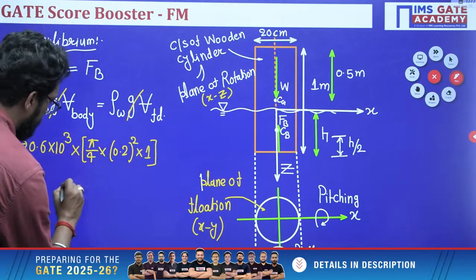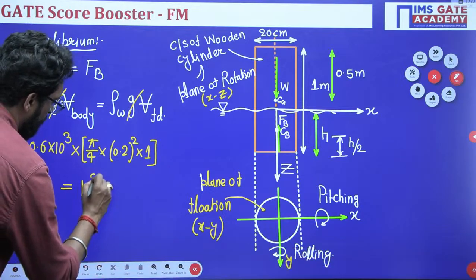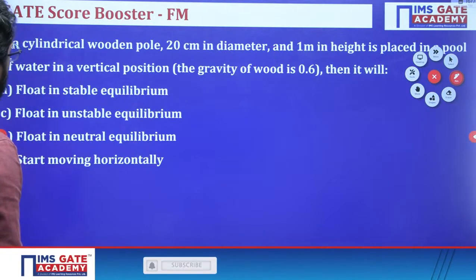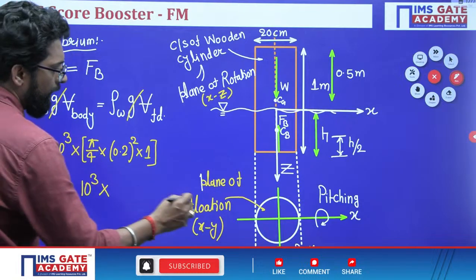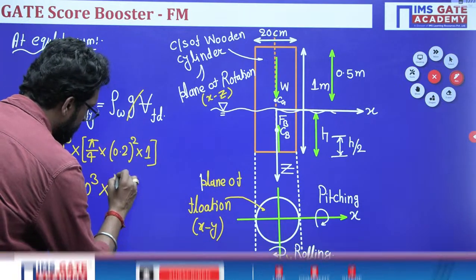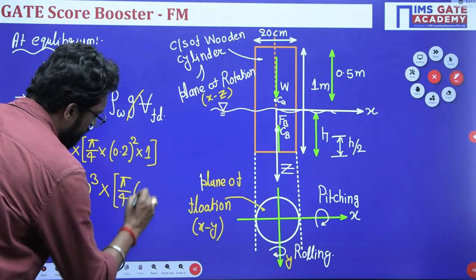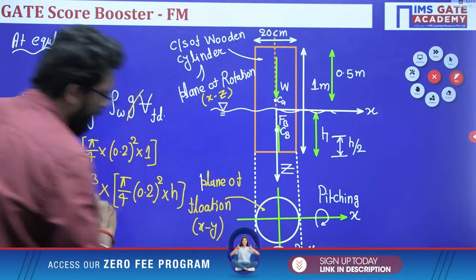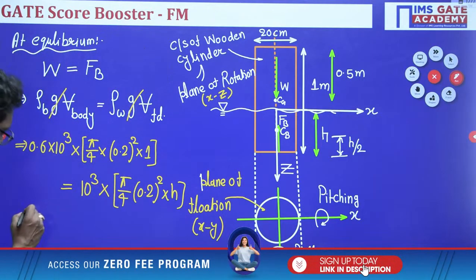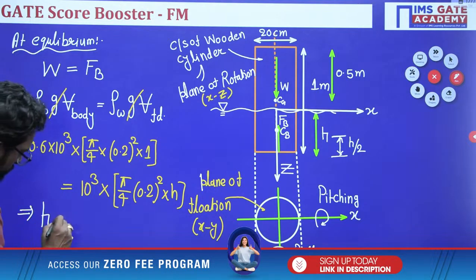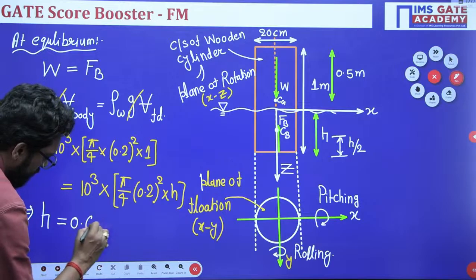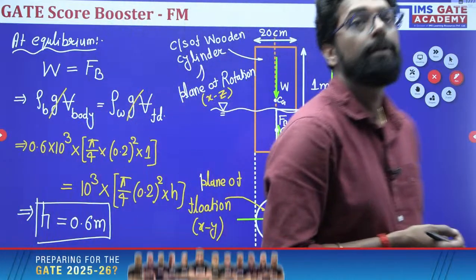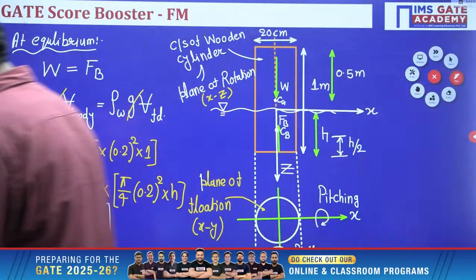That is equal to density of water, 10 to the power 3, times volume of fluid displaced, pi by 4 d square into h. If you equate these two values, we can easily find the submerged height, and that is 0.6 meter. This is the first step to find the submerged depth.